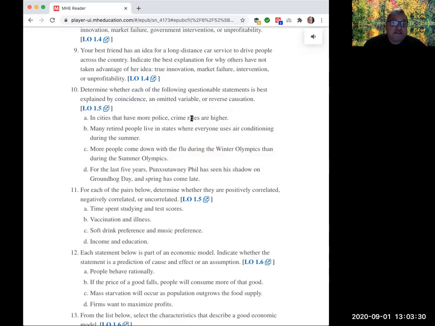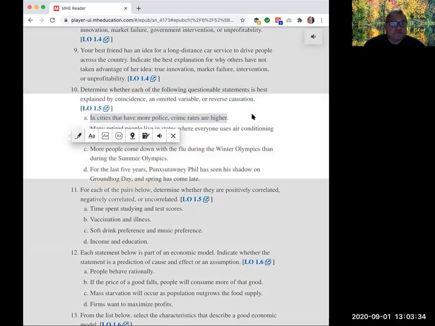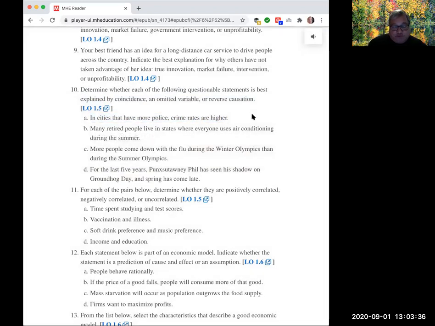Cities that have more police have higher crime rates. So does that seem like more police cause more crime? Well, that would be the case in a situation where a police system may be corrupt. But we don't know that. That's not a given feature in this sentence.